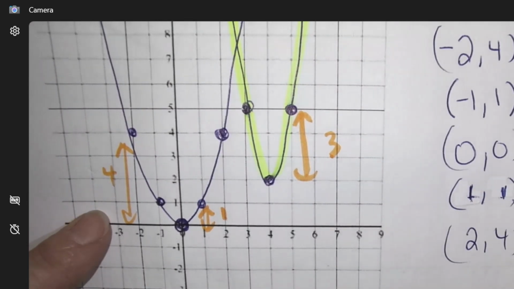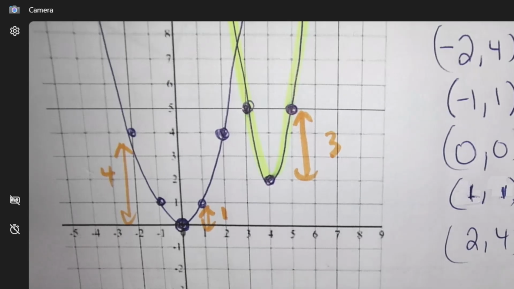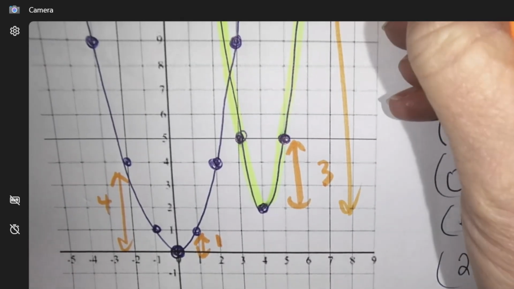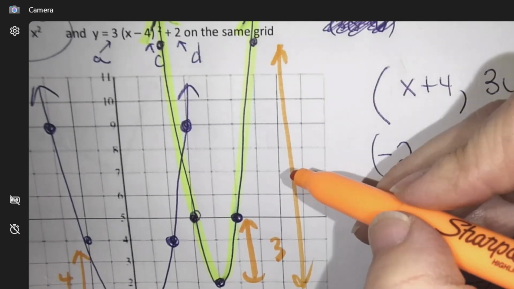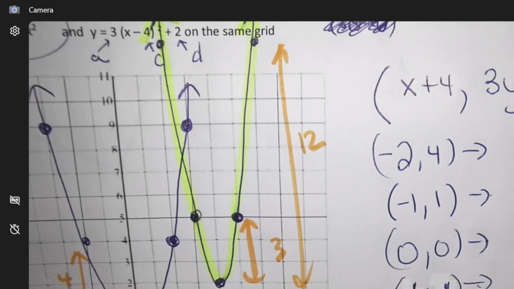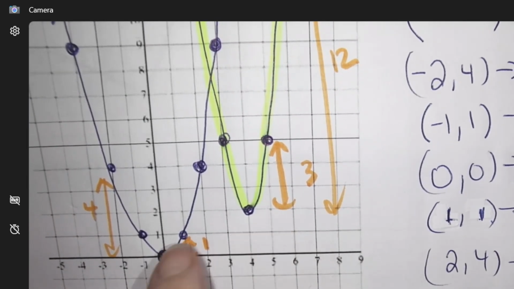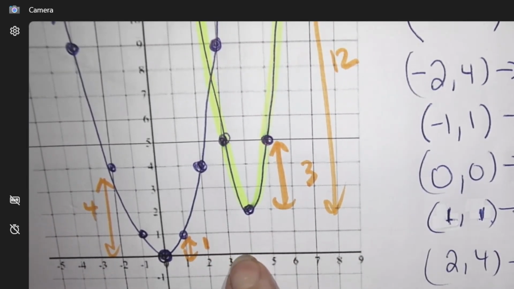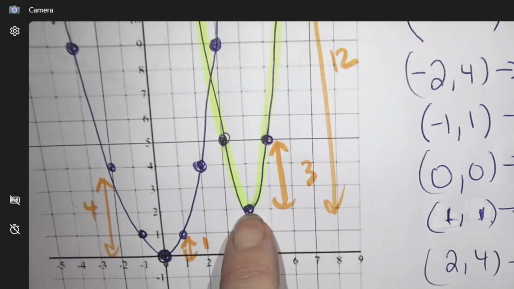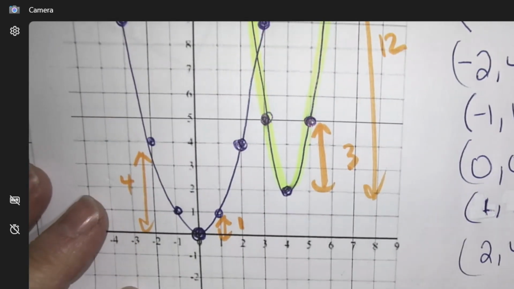These are spaced out 4 apart, but now they are spaced out by 12. Do you see that visually? I pulled them apart from each other. Where does this vertex start? I've now shifted to the right 4 and up 2. Do you see all those things?